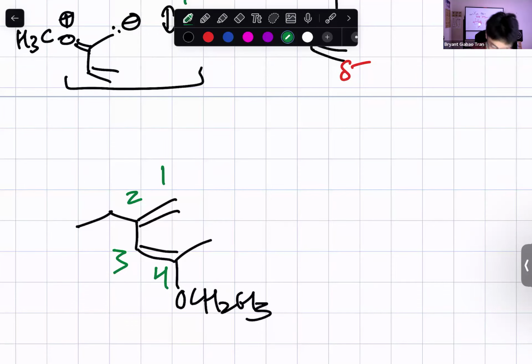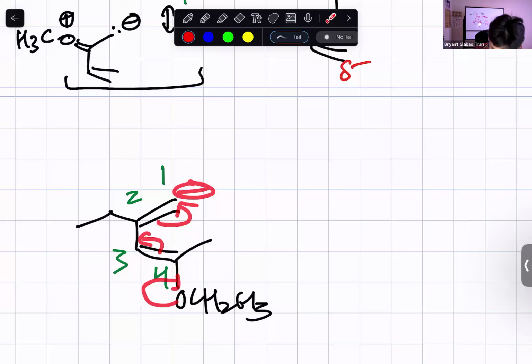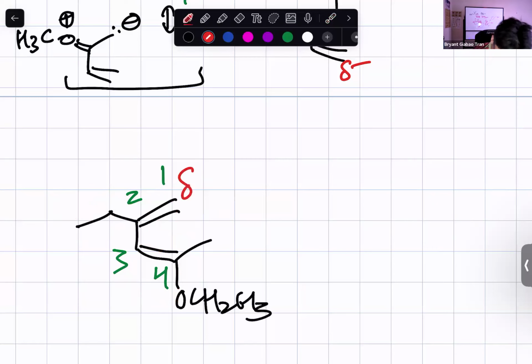Yep, 1. Because this EDG here is donating electrons, giving that carbon 1 a negative charge. This is also an EDG, which, if we imagine it to have negative charges, will go down and give that carbon a negative charge as well. So the negative charge here will be on 1 for that diene.